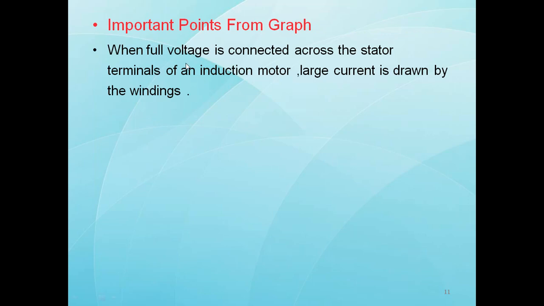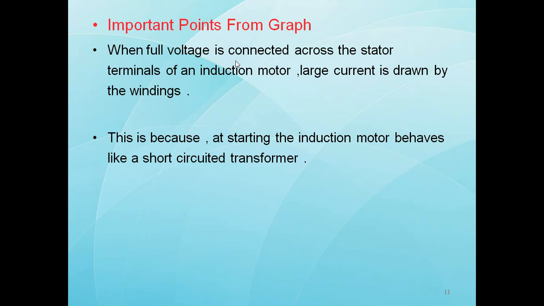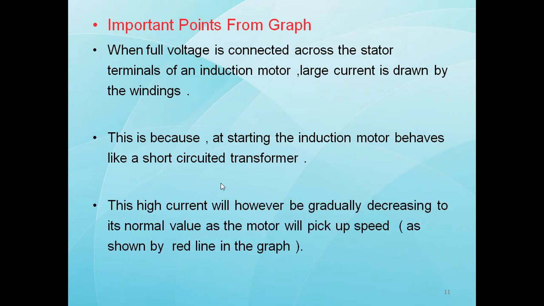Here it is written: when full voltage is applied across the stator terminals of an induction motor, then large current is drawn by the winding. This is because at starting the induction motor behaves like a short circuit transformer. This high current will however gradually reduce to a normal value as the motor picks up speed.